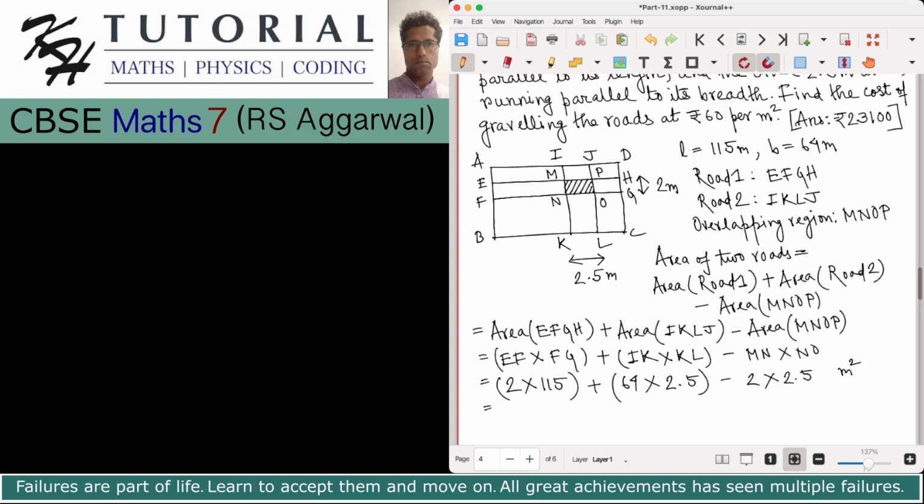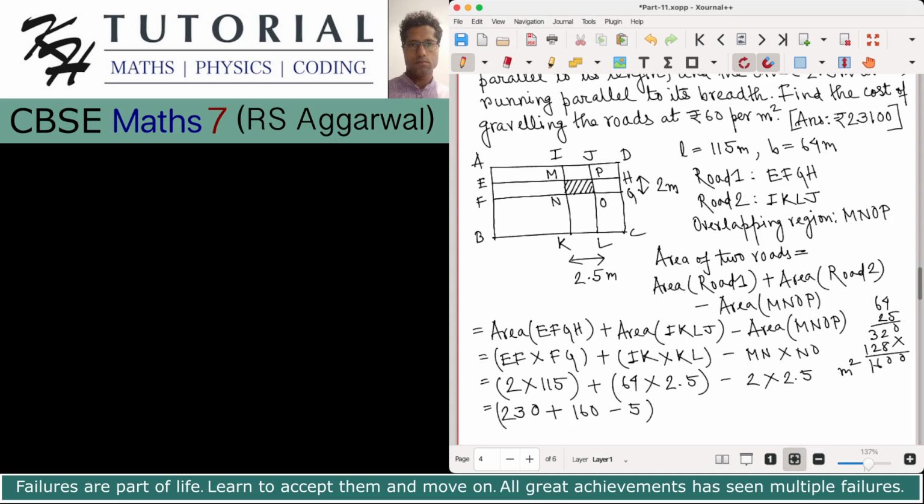So this is equal to 230 plus 64 multiplied by 2.5. 64 multiplied by 25 is 1600, so 64 multiplied by 2.5 is 160, minus 2 multiplied by 2.5, which is 5.